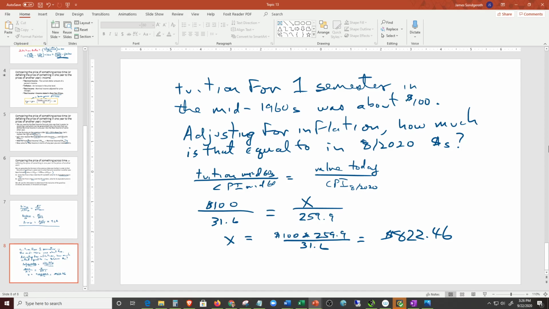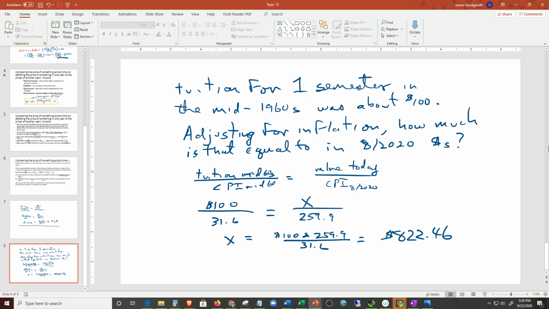tuition at UT would be $822.46 a semester. I'm sure your parents, and even you, if you're paying for it, would be happy to pay that amount versus what it costs today. But let's see what the cost today is.